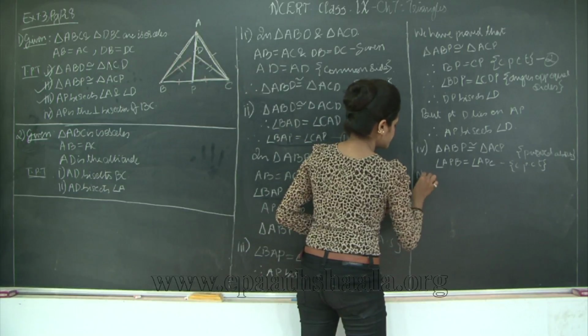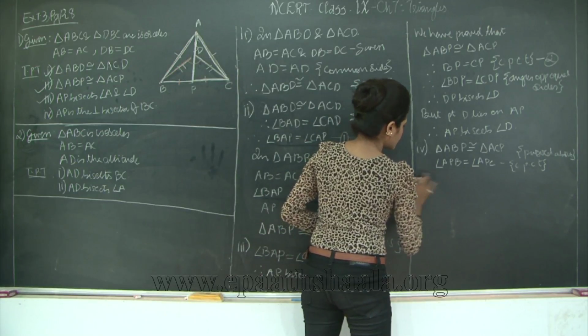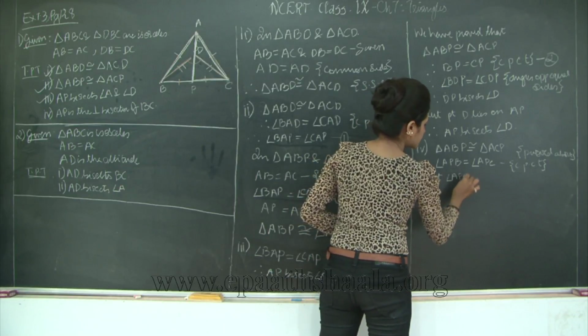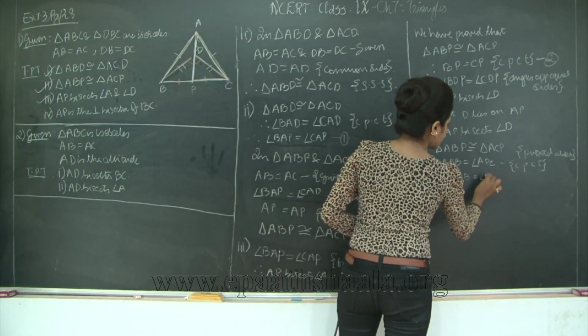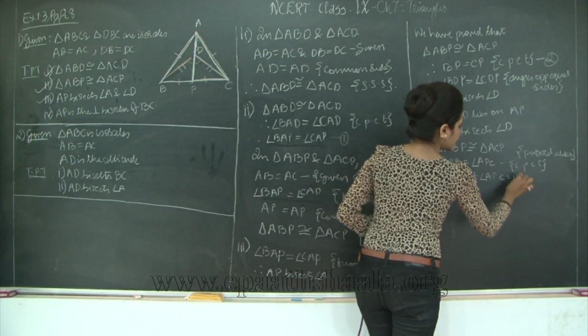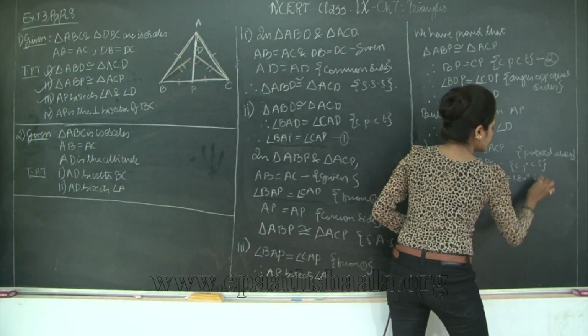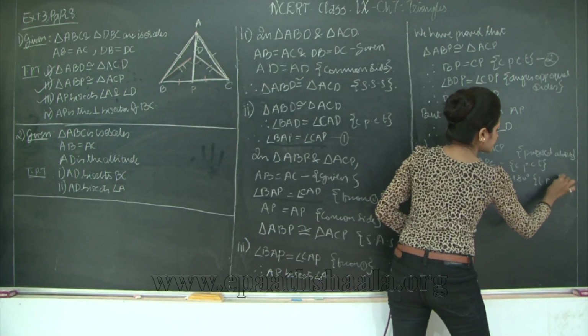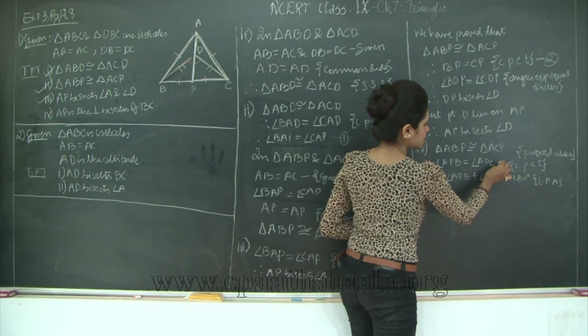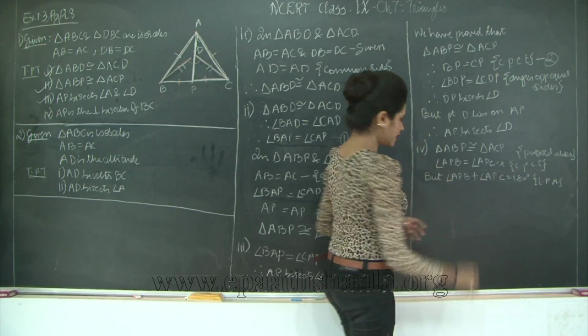Now, angle APB is equal to angle APC. Angle APB plus angle APC is equal to 180 degrees through the linear pair axiom, correct? Over here, I will just say let each be equal to x, correct?